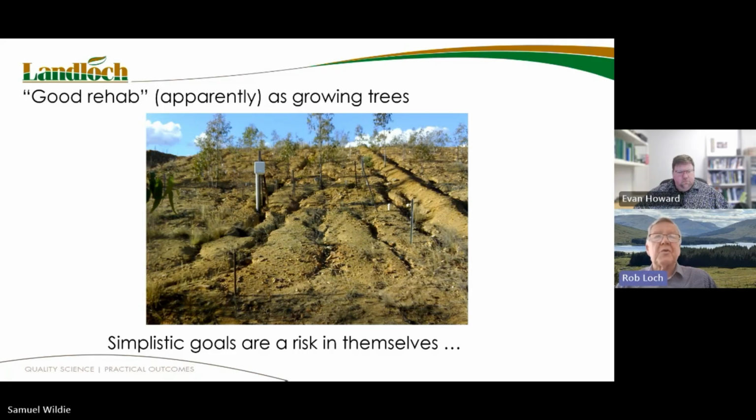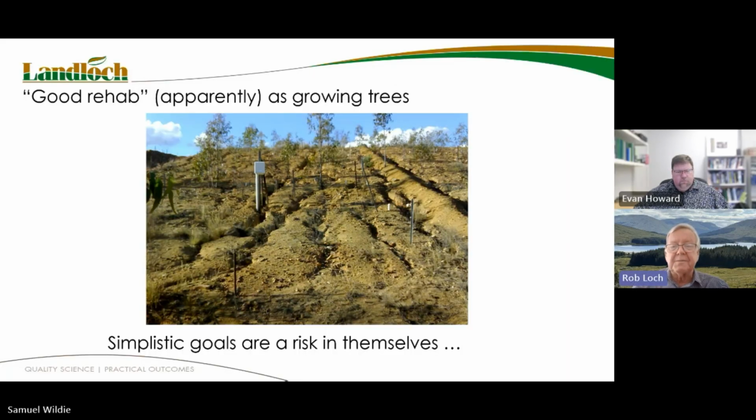Obviously, for those who wanted to see a stable long-term outcome, the amount of erosion and the lack of any other vegetation growing clearly was not consistent with a good outcome. So adopting simplistic goals for landforms and landform designs actually adds to the risk. It doesn't address them.